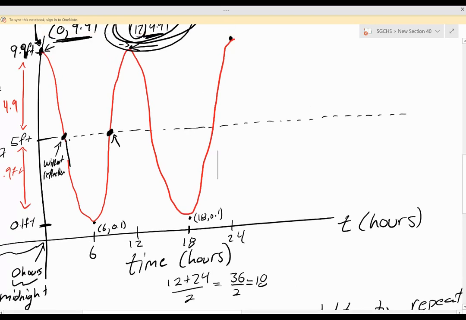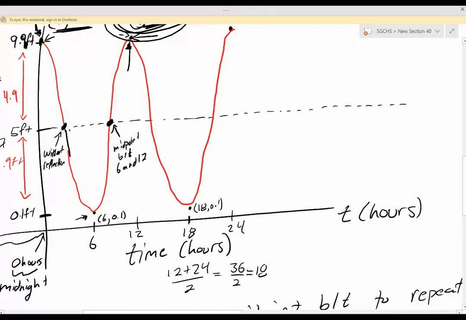It's useful to understand that midline points, or midline intersections, are directly between the maximums and the minimums. So to determine the x-coordinate here, we're finding the midpoint between 6 and 12.